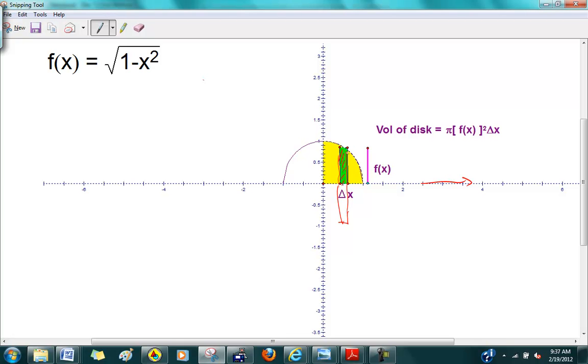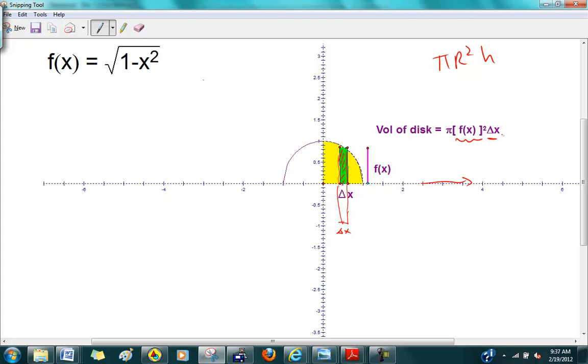So the radius of the cylinder would be f(x), its height would be delta x, and from what we did earlier, the volume of the cylinder is pi r squared h, where r is the radius. Here is the width.